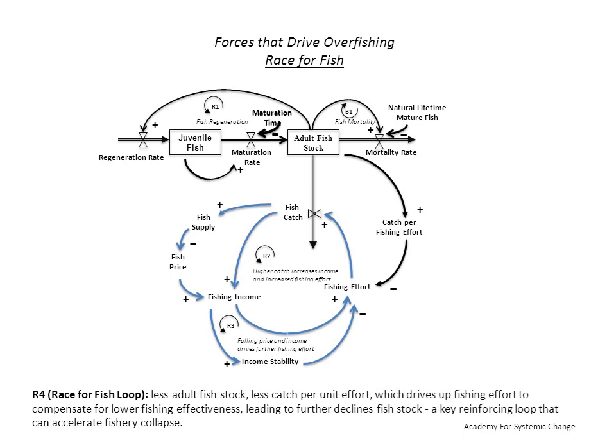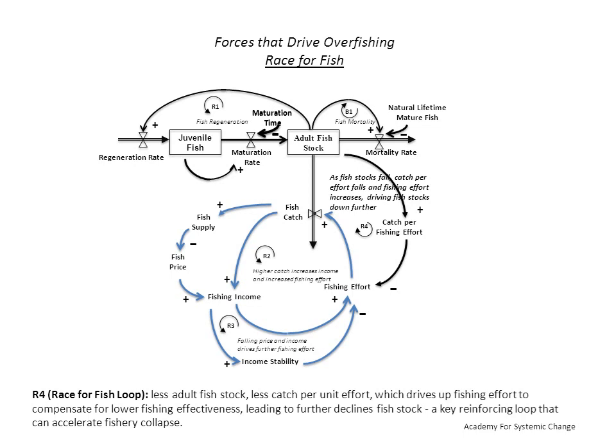As the fish stock goes down, the catch per fishing effort goes down also. Fishers have to work harder and harder to catch the same amount of fish, which leads them to actually have to fish harder. They travel further afield in their boats. They work longer hours, trying to keep their fish catch up even as the depletion continues.